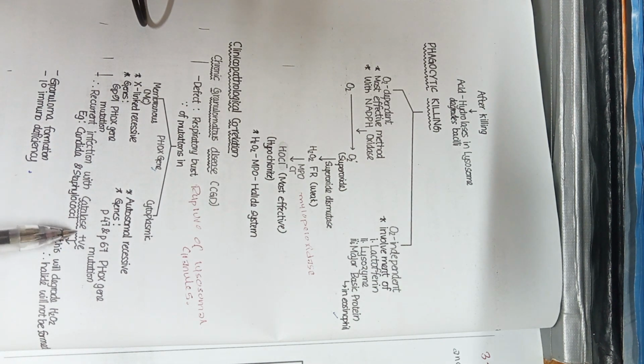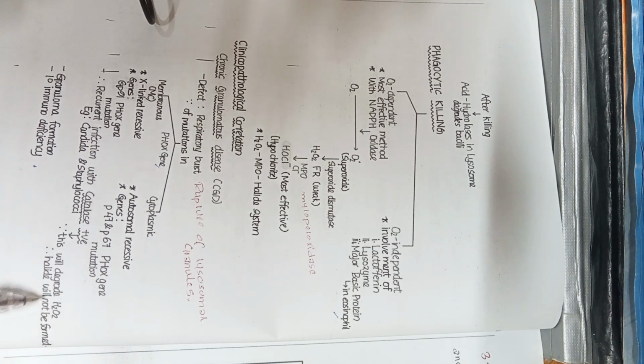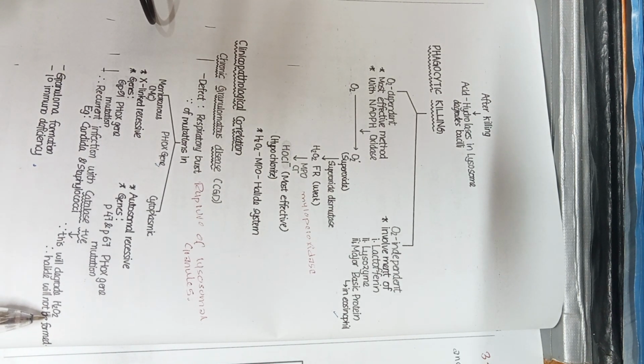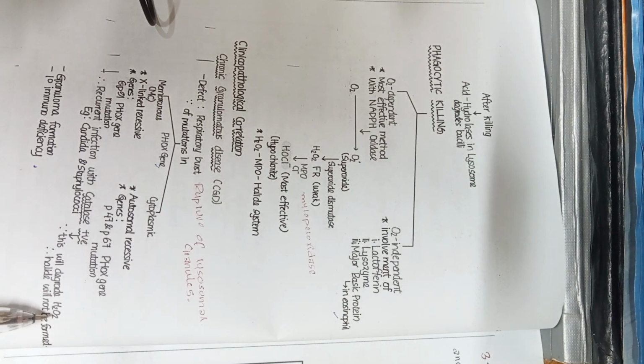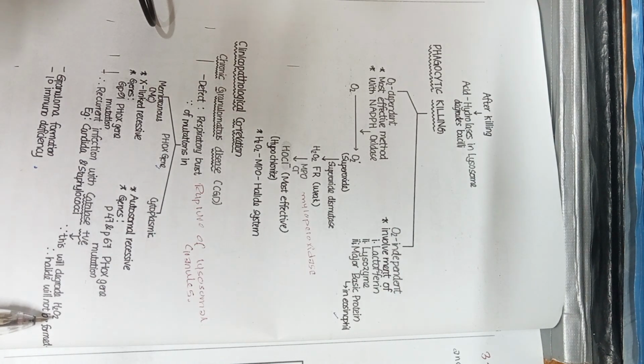These catalase positive organisms will degrade hydrogen peroxide, because of which it is not converted to hypochlorite, which is most effective.